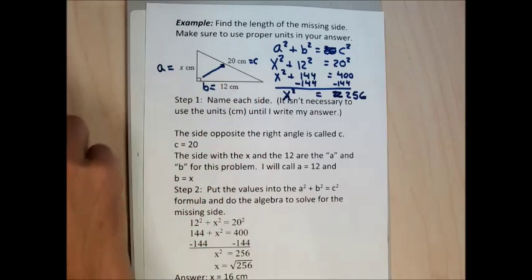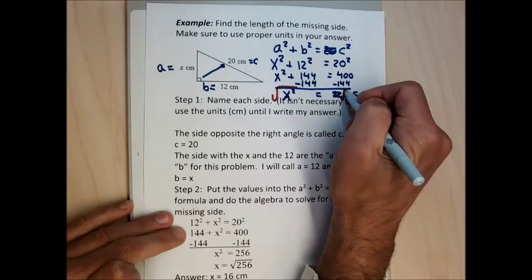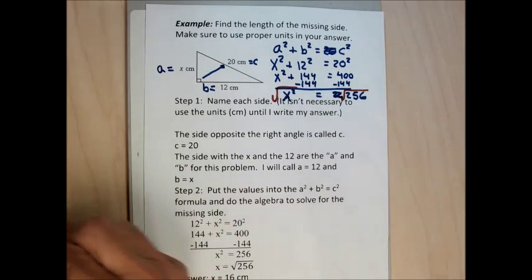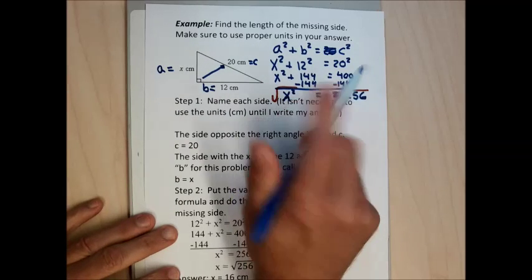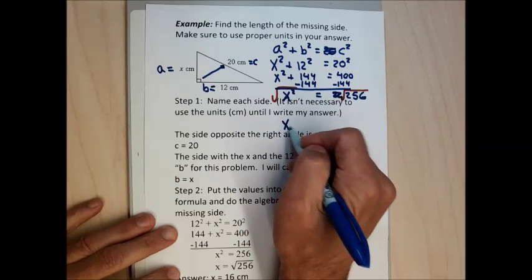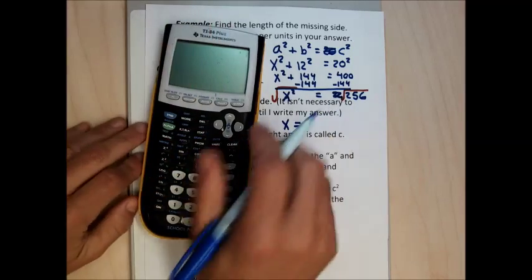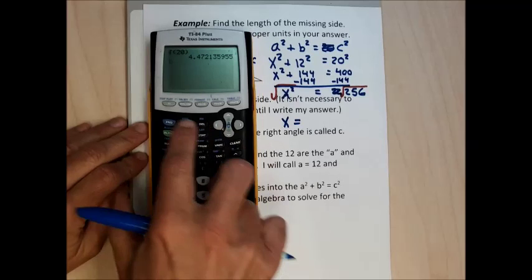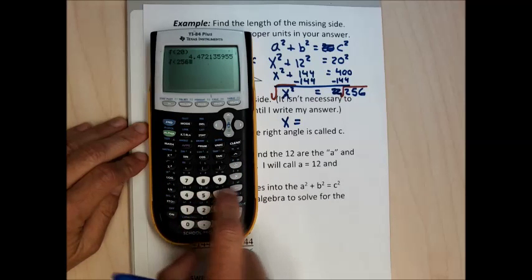And just like the last problem, once I get the square term isolated, I square root both sides. I don't need a plus or minus because I'm finding a length, and lengths can only be positive. The square root of x squared is just x. And then the square root of 256 is 16. Again, on this calculator, I would go second and then hit the x squared key, and then I type the number 256.